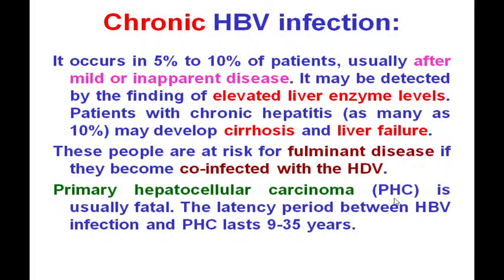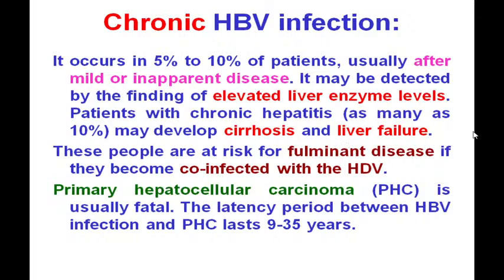Chronic infection usually is very mild, inapparent, or asymptomatic. But if we check the biochemistry of the blood, we may see elevated liver enzyme levels, and with time cirrhosis and liver failure will develop in the patients.